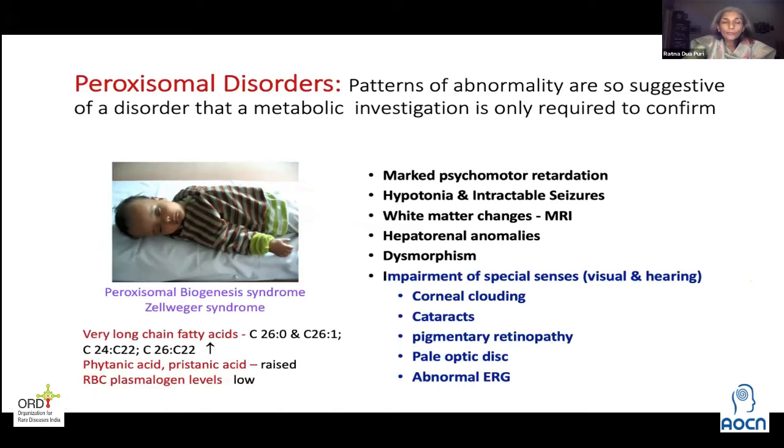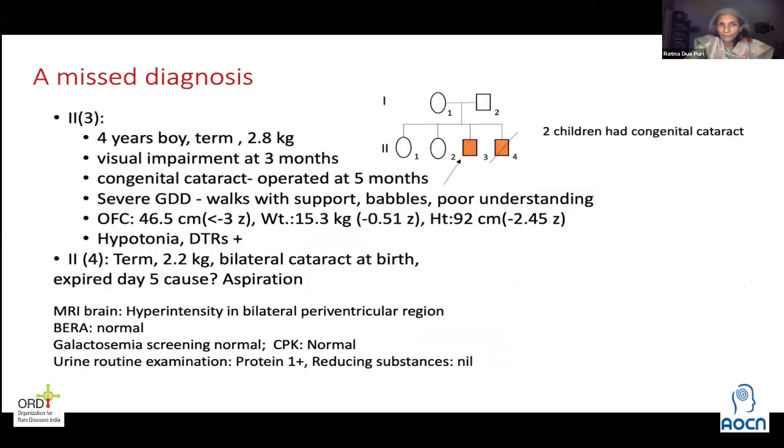Actually these features may come up much later. An abnormal ERG is something that you pick up early, even before all these signs are there in the child. Here the levels of the VLCFA are very elevated, as are the phytanic acid and the pristanic acid, and the RBC plasmalogen levels are low.